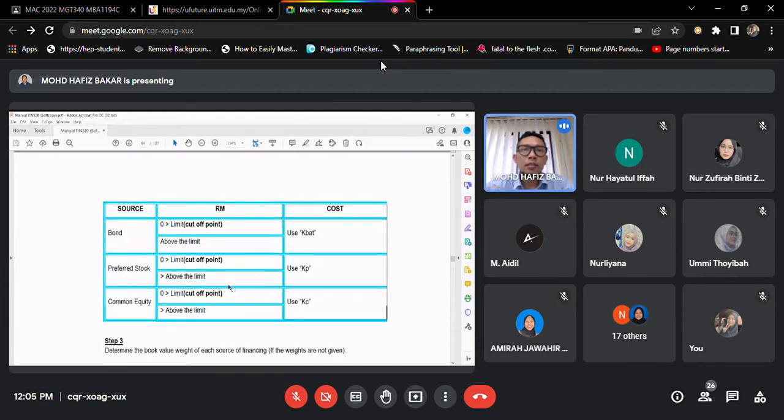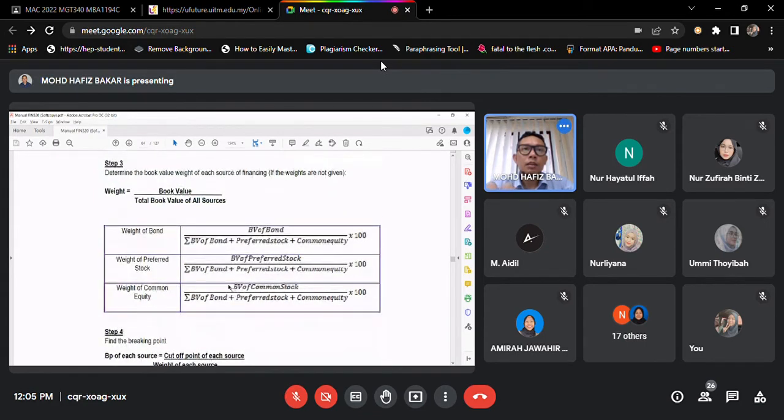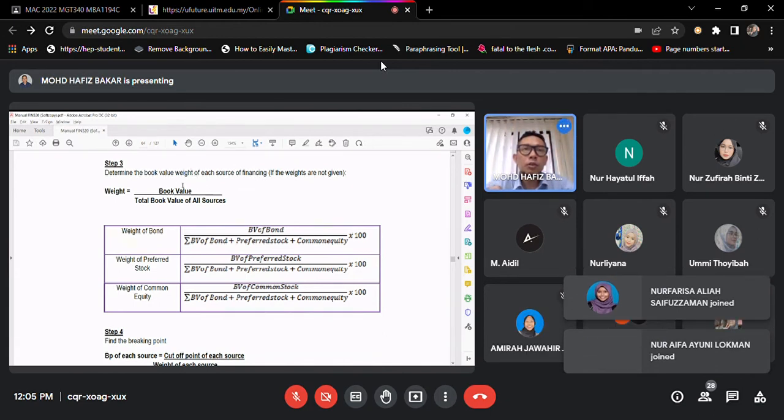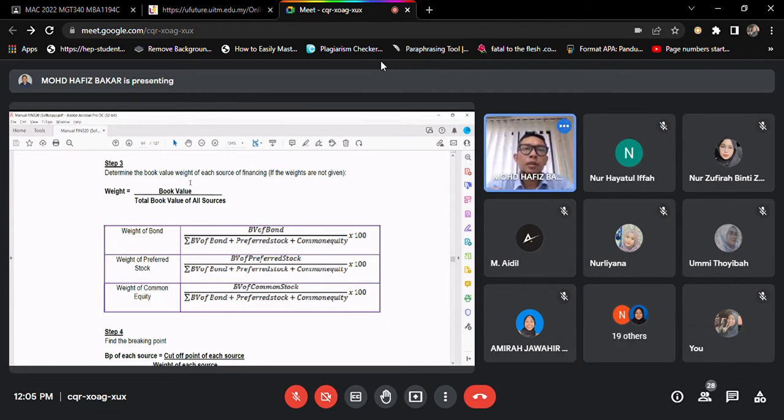Then next, step number 3. Step number 3 is also equal to the WACC part, which is you need to calculate the weightage. So how to calculate the weightage? From the book value divided by the total book value. If you can recall example 1, they provide you the balance sheet. On the balance sheet, the left side is assets and the right side is liabilities and equities.